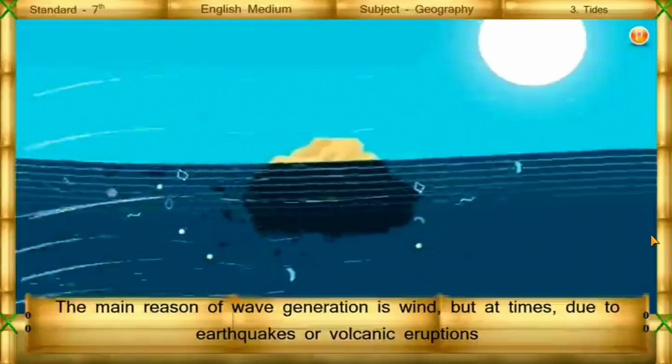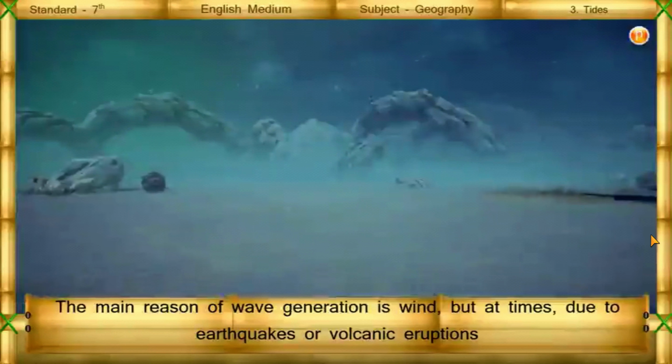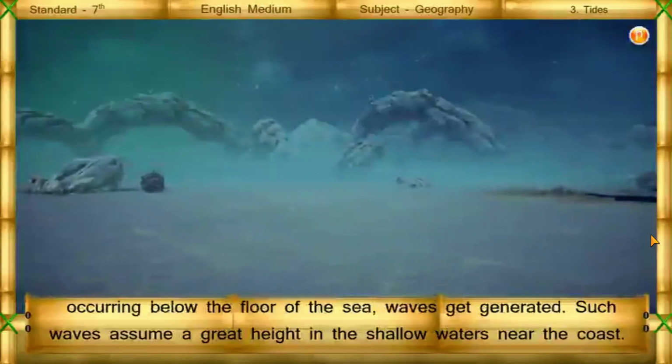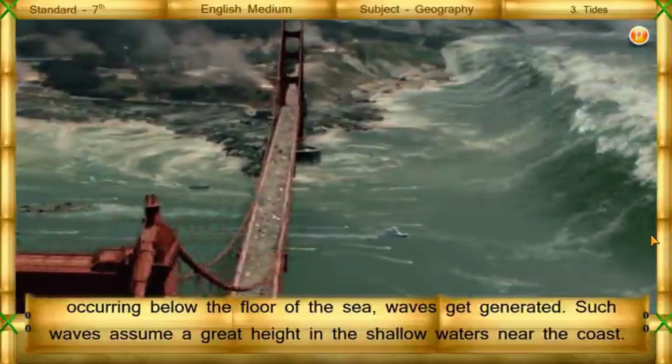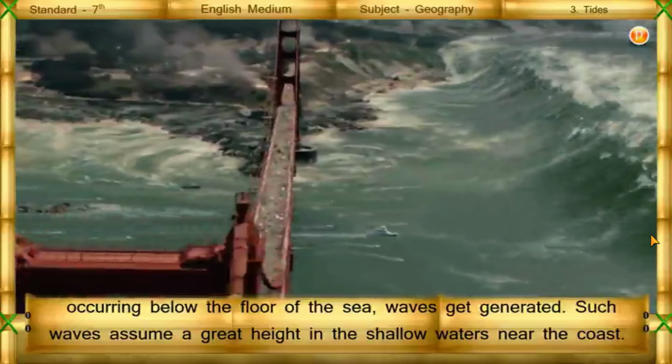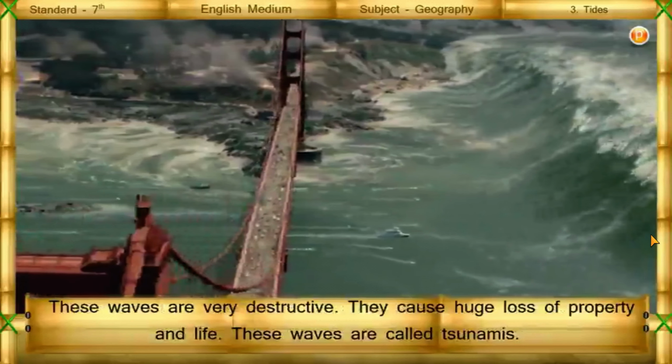The main reason for wave generation is wind. But at times, due to earthquakes or volcanic eruptions occurring below the floor of the sea, waves get generated. Such waves assume a great height in the shallow waters near the coast. These waves are very destructive.